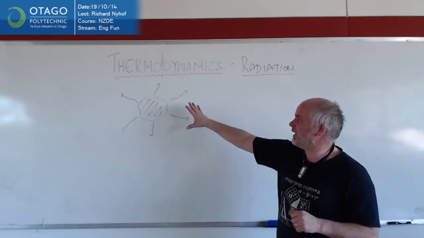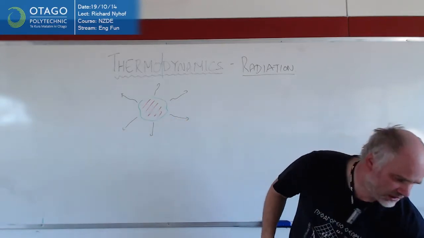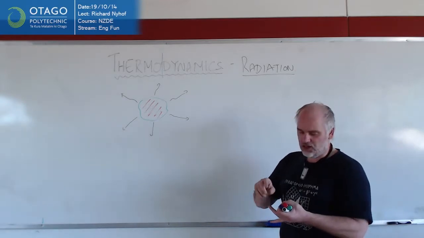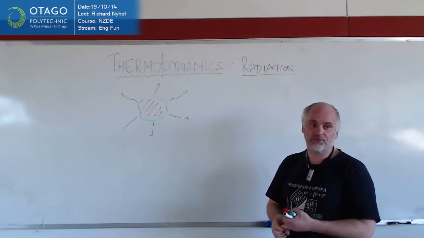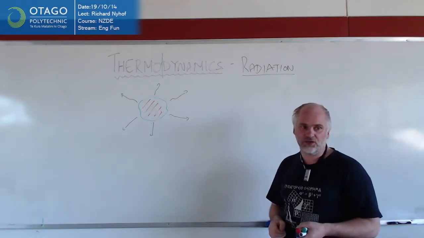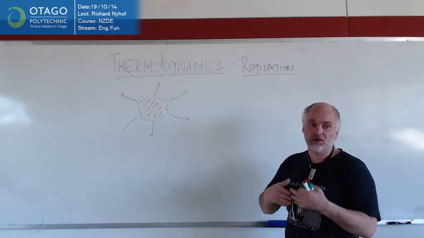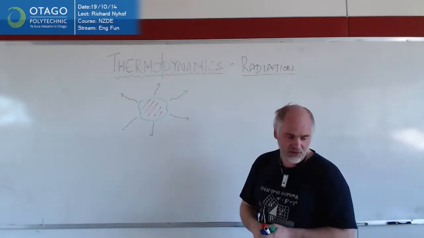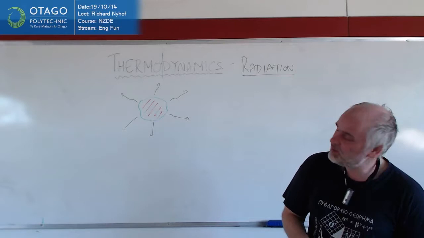So somehow the body, which is the sun, is losing this energy into a space where there are no fixed particles for conduction and no mobile particles for convection. It's happening through a vacuum, and this is what we call radiation. So radiation does not require a medium for the energy to be transferred through. It's transferred by way of photons, which are emitted from the hotter thing.